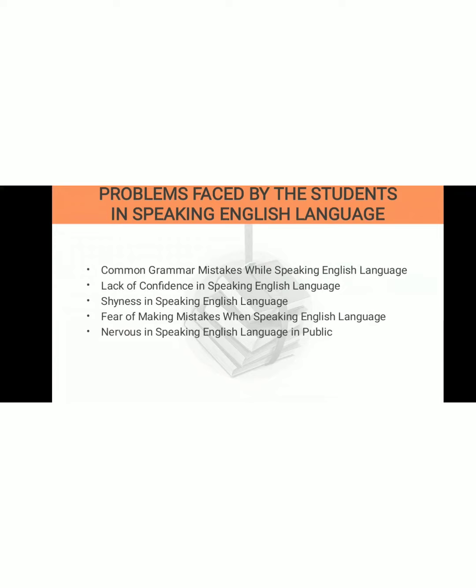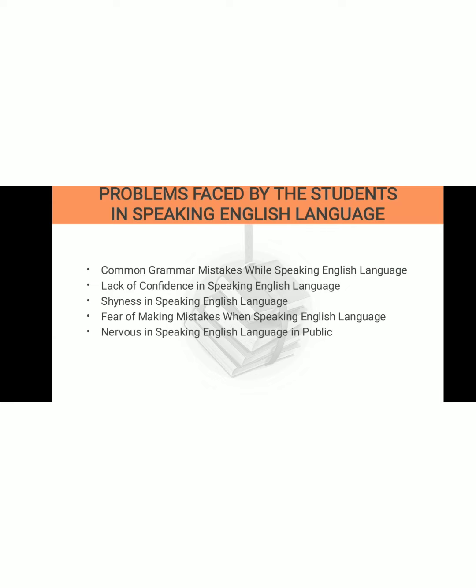By shyness, they are unable to speak what they are thinking and what they want to speak. In shyness, they are not confident of themselves to speak. They are unable to remember the grammar rules and correct vocabulary in speaking English language. Due to shyness, they feel uncomfortable and anxious in front of people speaking English language.